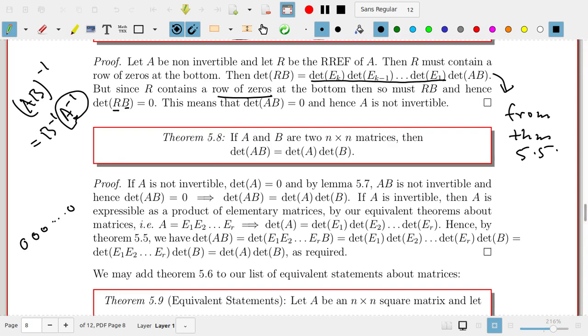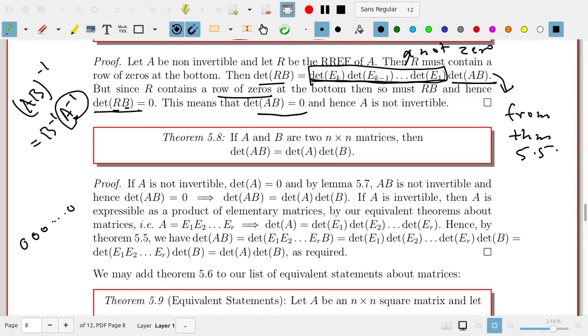So RB must have a row of zeros at the bottom. So determinant of RB is 0. And I know that the determinants of these elementary matrices are not 0, right? So determinant of AB must be 0.